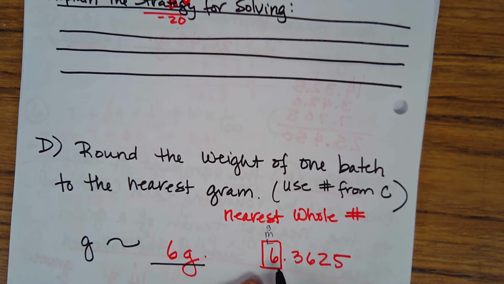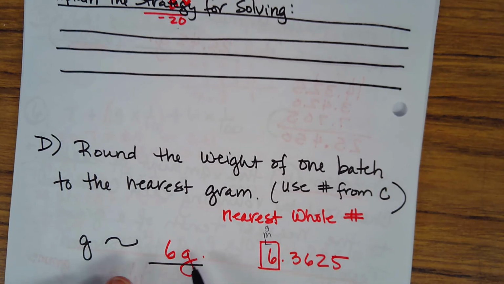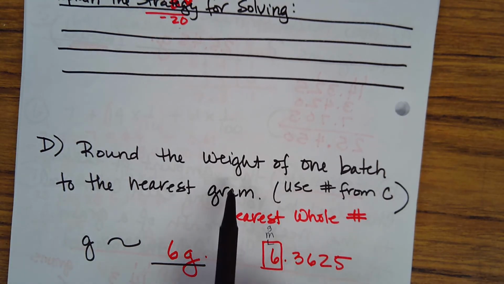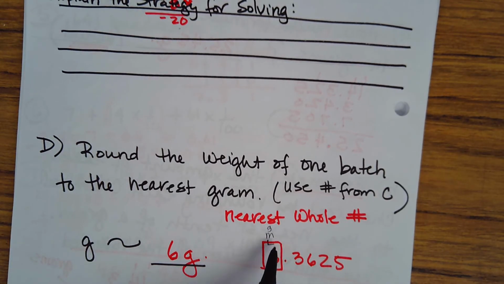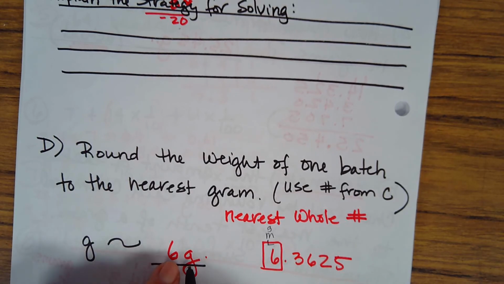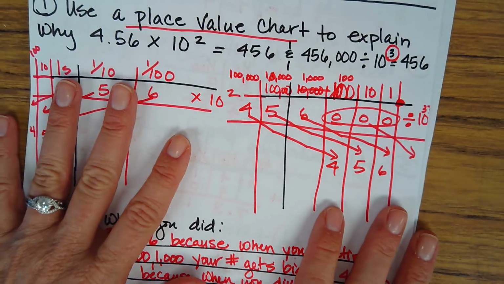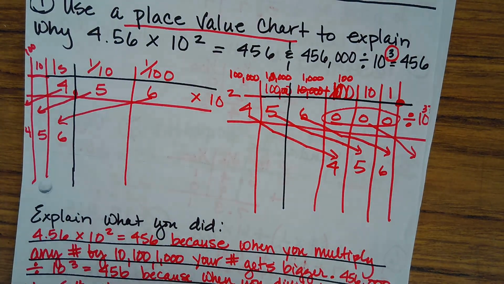So 6.3625 rounds to 6 grams because that is the nearest whole number. So when I say gram, meter, or liter, you're rounding to the nearest whole number. All right, if you can do this successfully, you are going to do fabulous on the end of the module test.